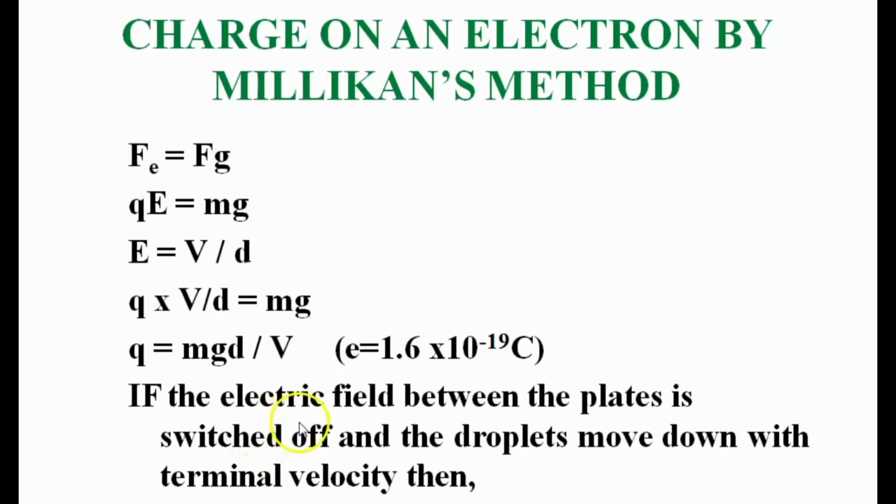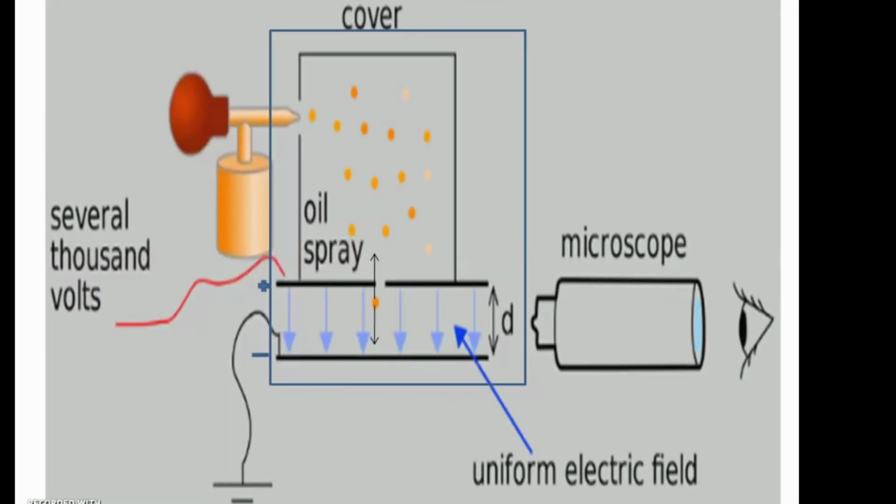So suppose the oil drop moves down with the terminal velocity, when there is no electric field between the plates, no positive and negative charge, then two forces are acting on this oil drop.